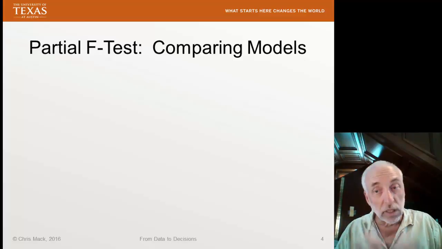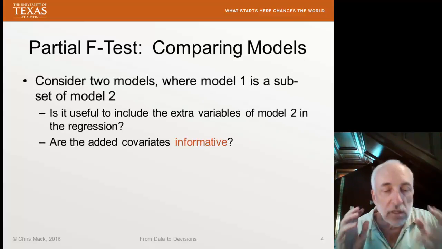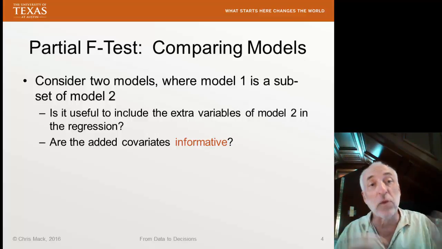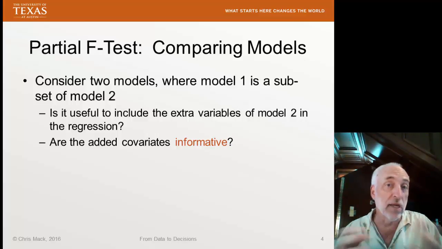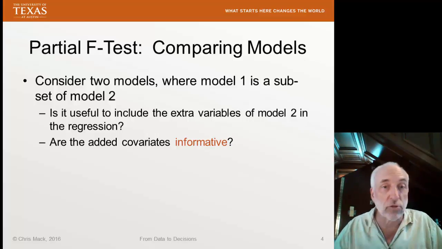Another thing we can do to compare models is the partial F-test. This and what follows will all be based on comparing a full model to a subset model. Here I have 2 models. Model 1 is a subset of model 2, so model 2 is my full model. And I ask the question, are the extra variables that are in model 2 but not in model 1 actually useful?